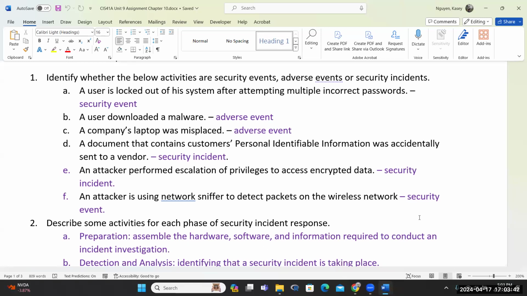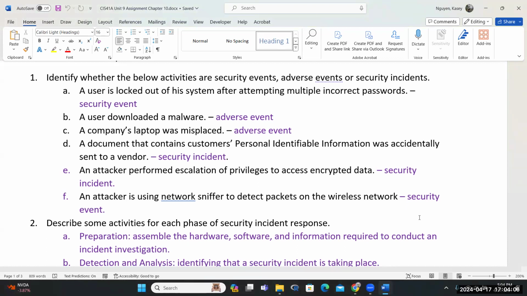A user downloaded a malware, right? Malware would have negative impact. That is an adverse event. Now, if the malware is spreading or it's corrupting the system, then it becomes a security incident, good job.